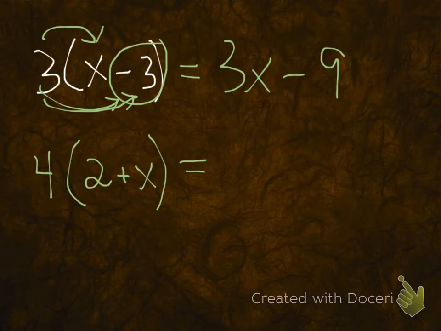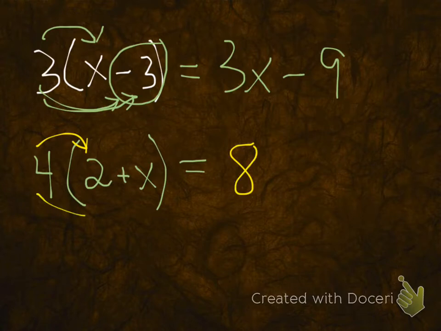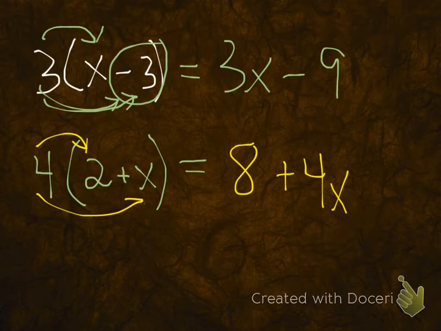And let's just do this bottom example. 4 times 2 plus x. 4 times 2 is going to get us 8. 4 times x, just like previous, is going to get us 4x. Plus sign in the middle of the parentheses, therefore plus sign in your final answer. And you're done.